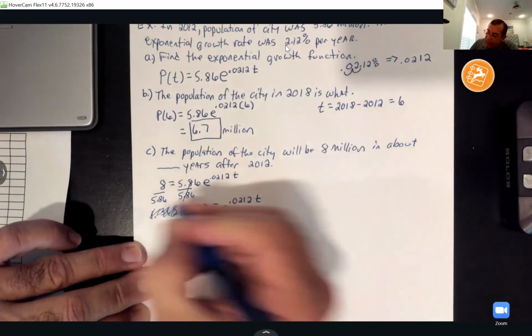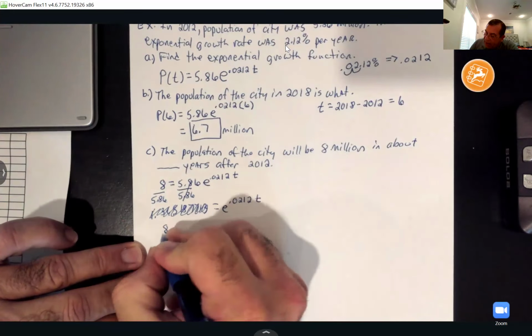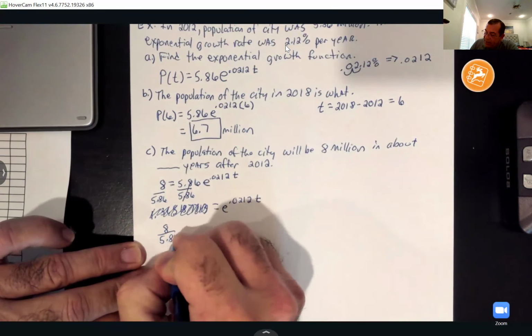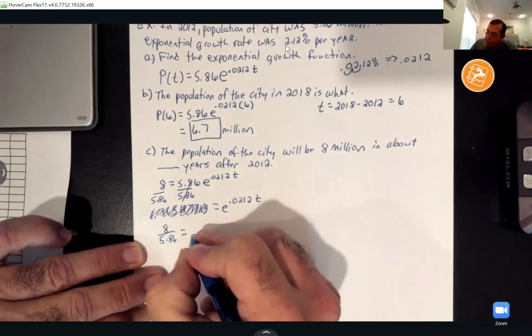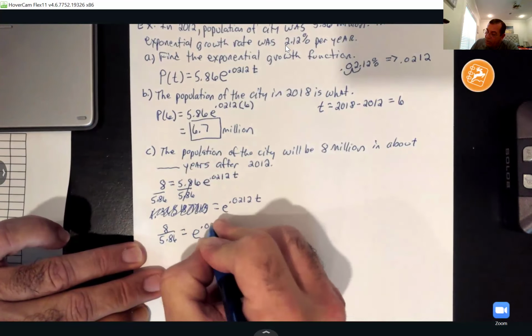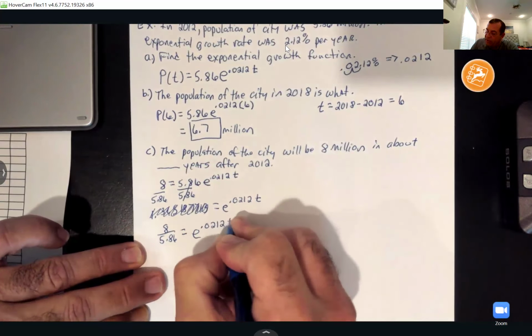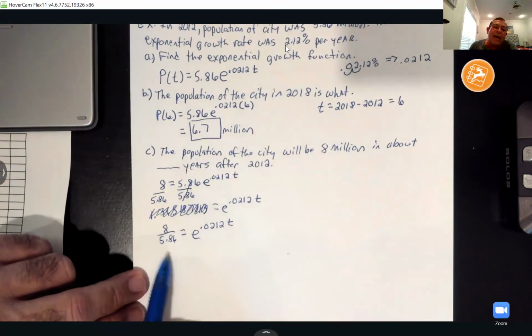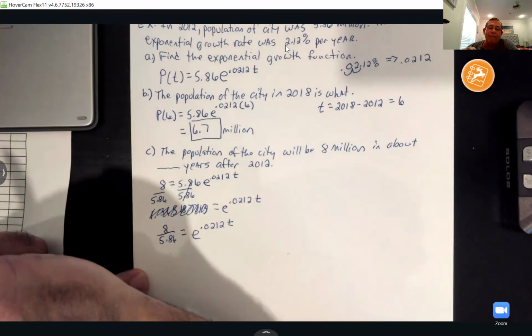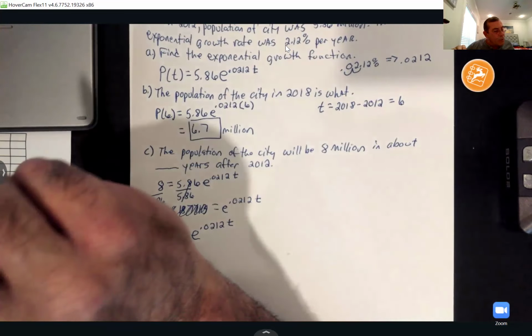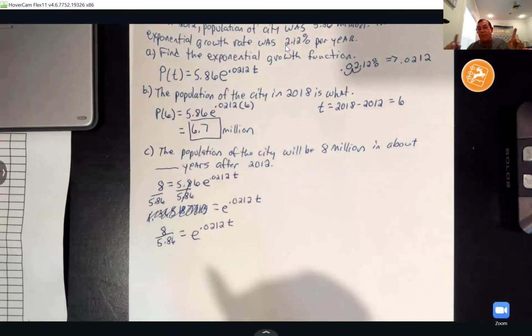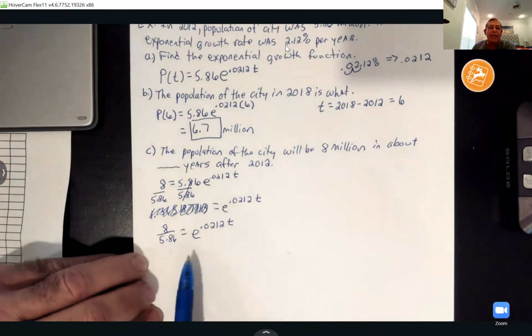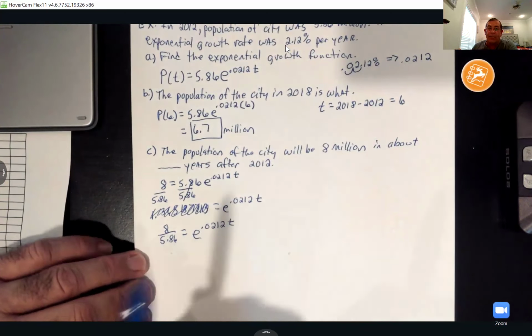So I'm just going to keep that 8 over 5.86 equal to my e to the 0.0212 t. So I'm not going to divide this until my last step, because this one, they want me to round to 1 decimal place. So to maintain our accuracy, that'll be our last step, okay?